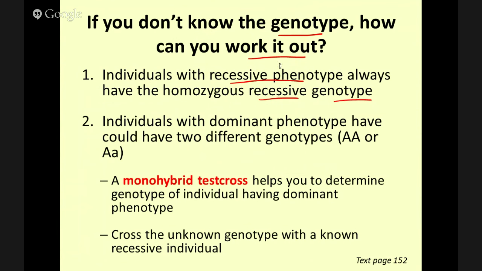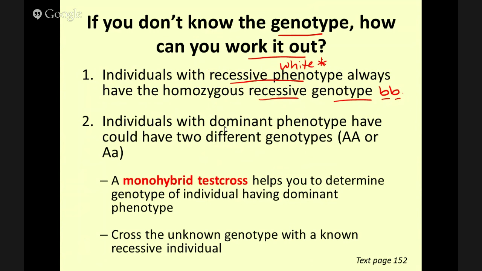So what does that tell you? It says if you have white fur, you're always going to be little b, little b. So if you have a group of rabbits and the white rabbits are the recessive genotype and the black rabbits are the dominant genotype, then a rabbit with the genetic code little b, little b is always going to be white.